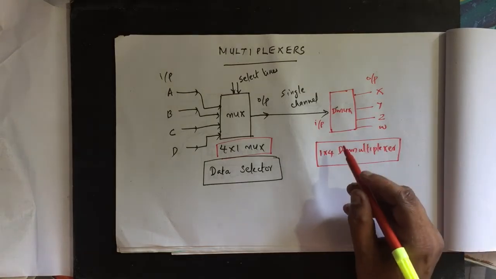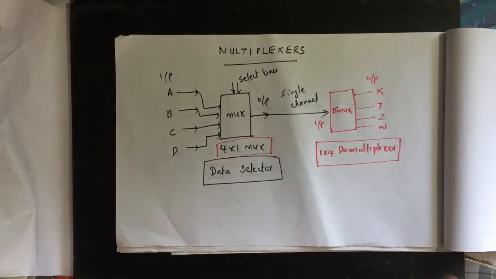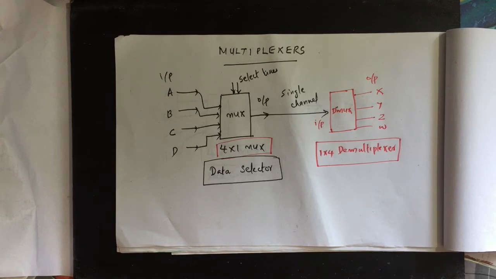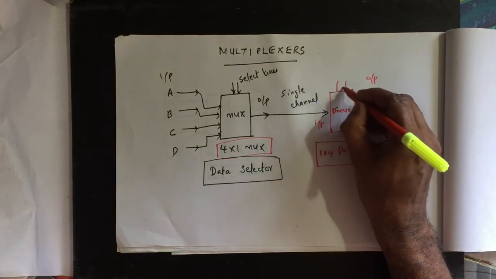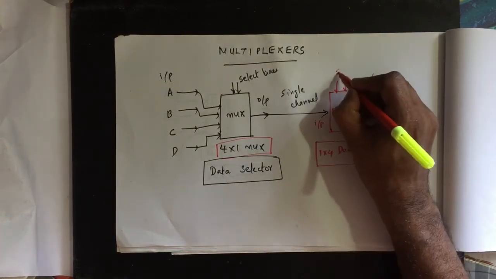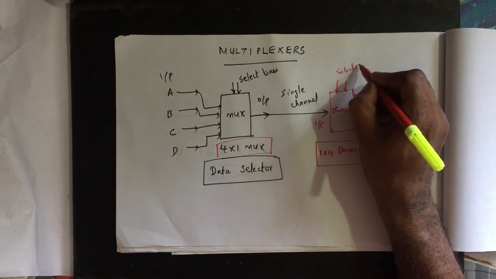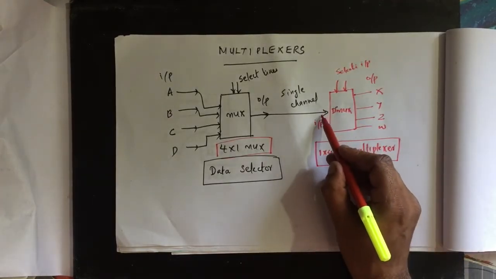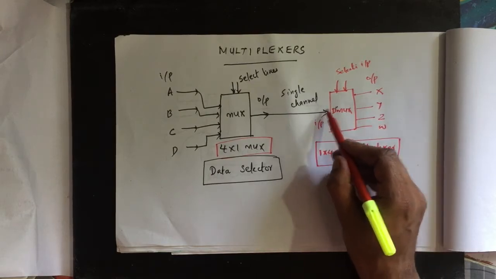A demultiplexer will always have a single input and many outputs. Just like select lines are used in a multiplexer, here also we need 2 select lines. The select input selects to which output this input should reach.